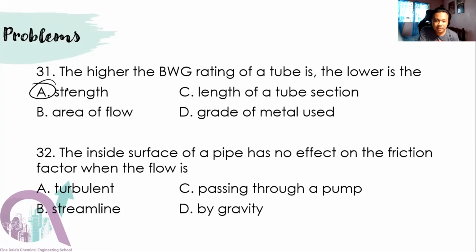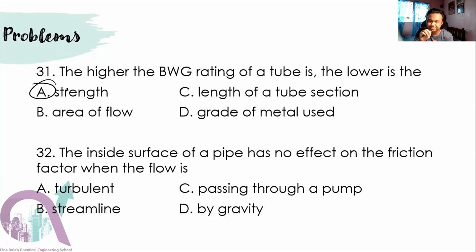Because the higher the BWG rating, the smaller the diameter. The higher the BWG rating, the lesser the diameter. If the diameter is lessened, the strength is reduced.